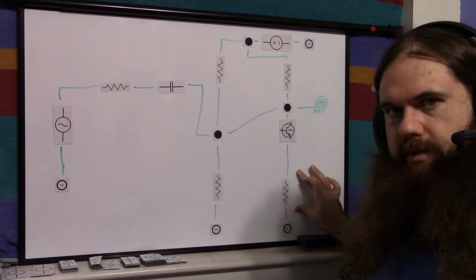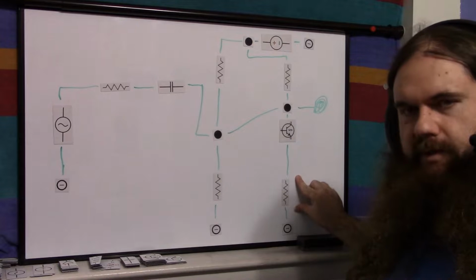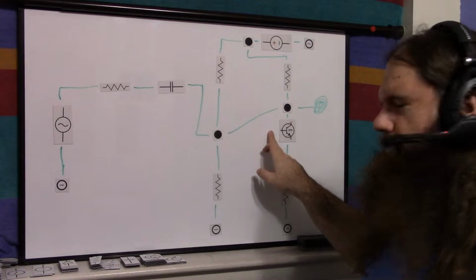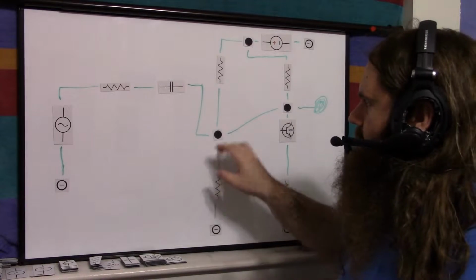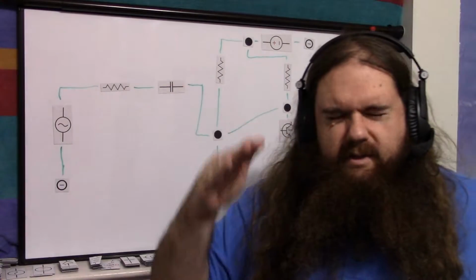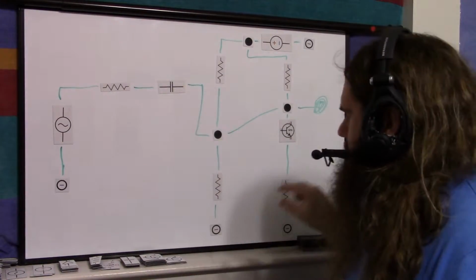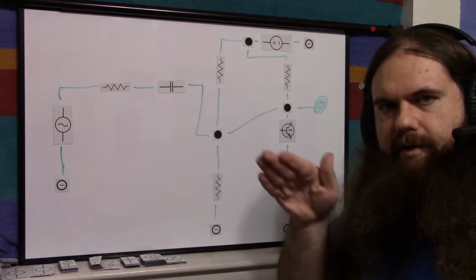You have a certain voltage. So if you have 0.7 across the base to emitter junction, you might have 1 volt here for a total of 1.7. So the base would be at 1.7 and the emitter would be at 1 volt. And then that's when the signal is 0 or not present. And then the signal goes positive, negative, and that 1 volt goes to above 1 volt, below 1 volt, and varies that way.